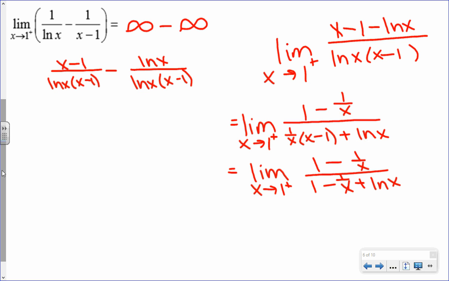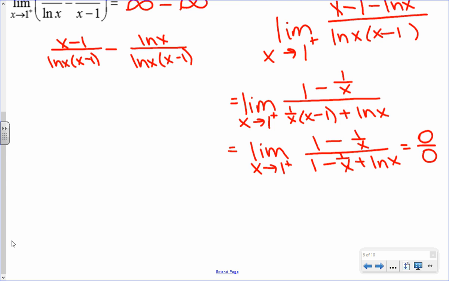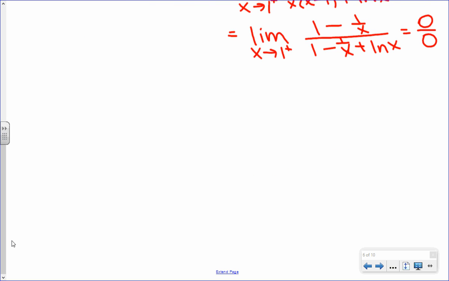Okay? Now what are we going to get? Zero over zero, right? Done? No, this is a bad one. Oh, it's going to be just fine. We can take the limit again, can't we?